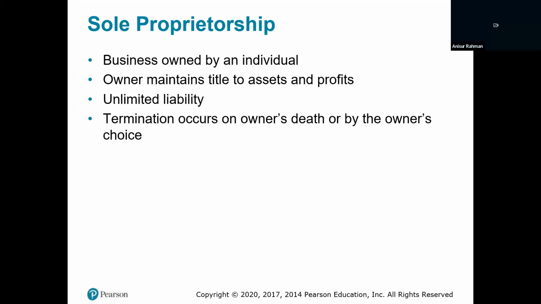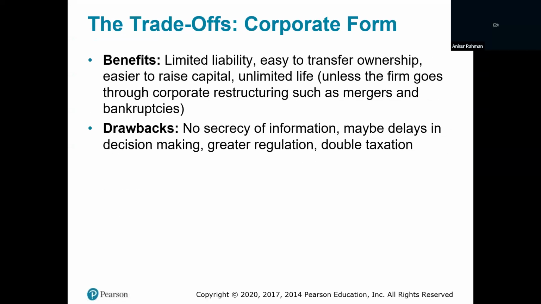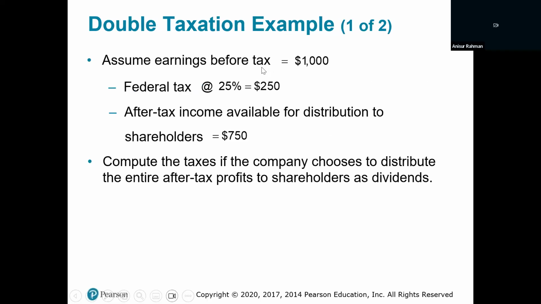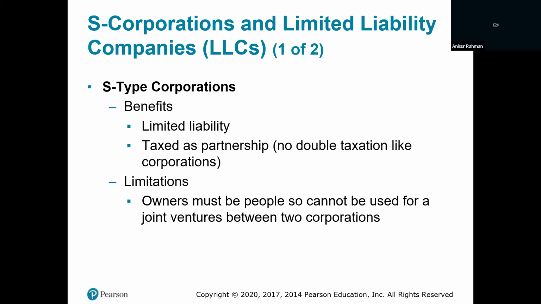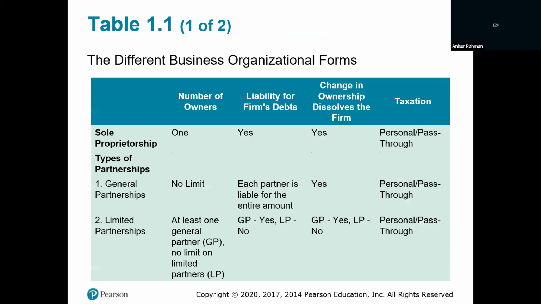What is a sole proprietorship, partnership, corporation, and the benefits and drawbacks of a corporate form, very important, especially the idea of limited liability. The benefits and limitations of S-type corporation, benefits and limitations of limited liability companies.